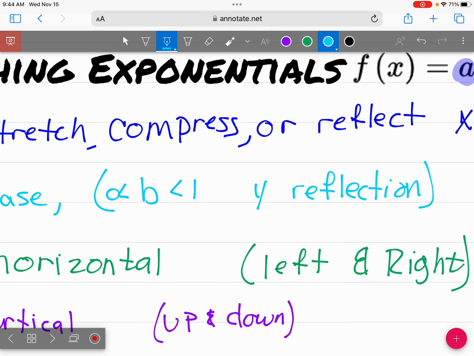If our base is a fraction, it does the same thing as a y reflection. That is 0 less than b, not duck b. Kind of looks like a bad duck.